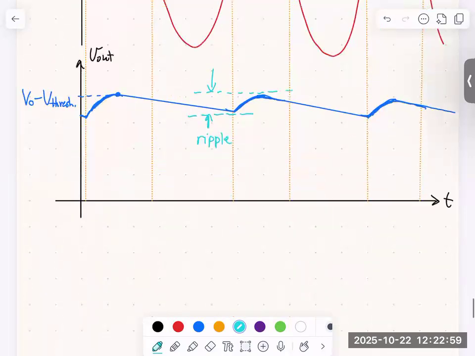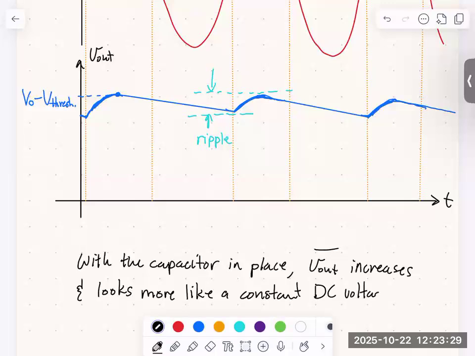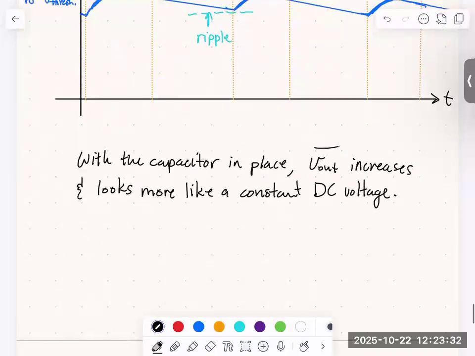Okay, so with the capacitor in place, the average of Vout increases and looks more like a constant DC voltage. Okay, and so this circuit is called a rectifier circuit.